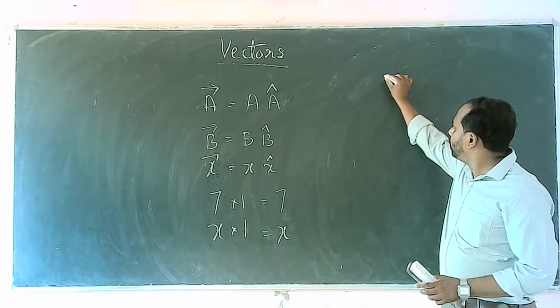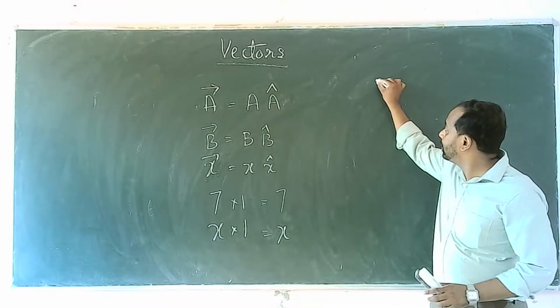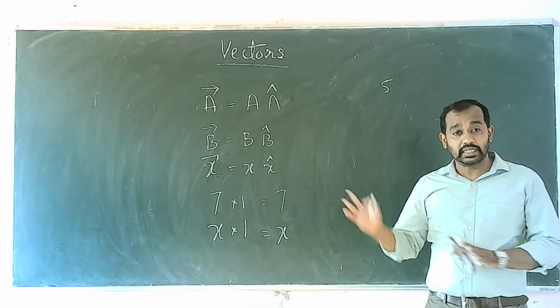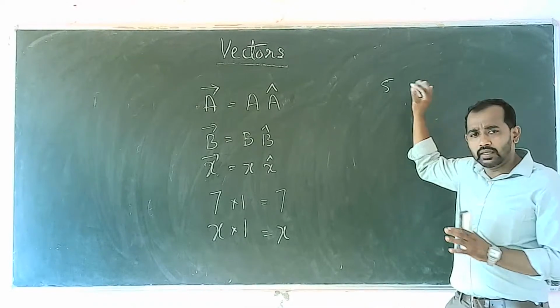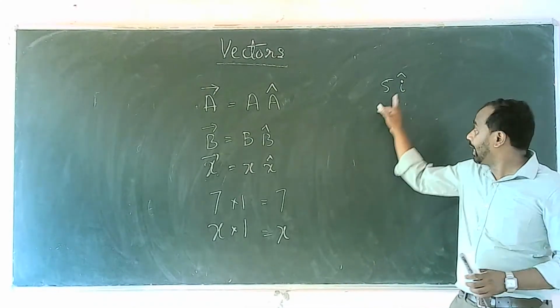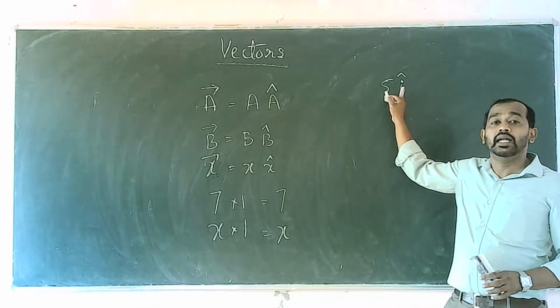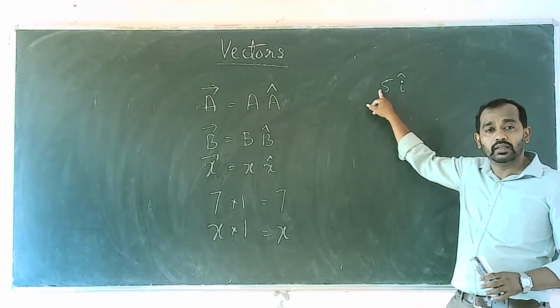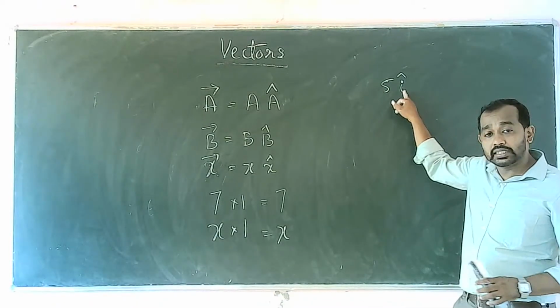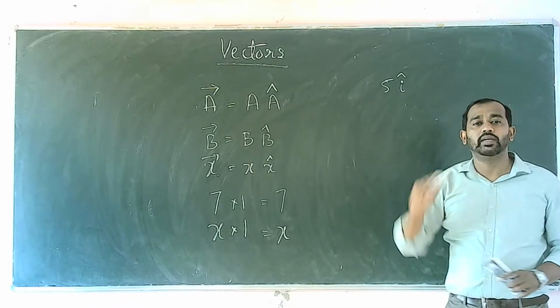Say we have a vector with magnitude 5 and its direction I will represent as I cap, where I cap represents the direction of the vector which has the magnitude 5. And what is the magnitude of I cap? It is equal to 1.